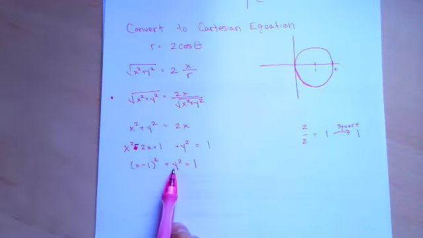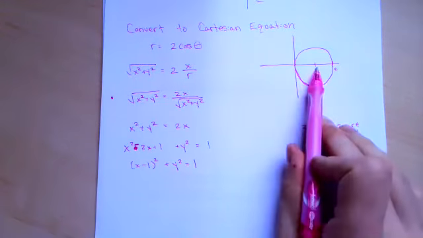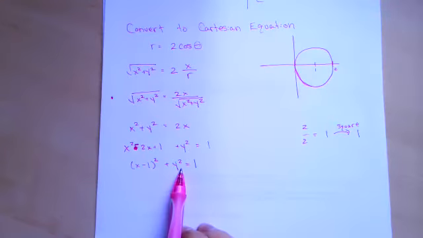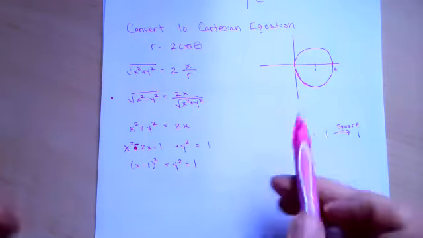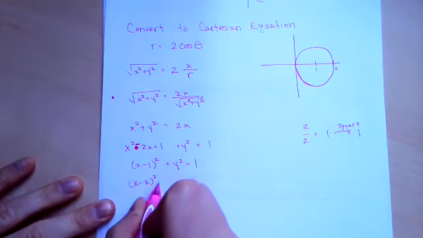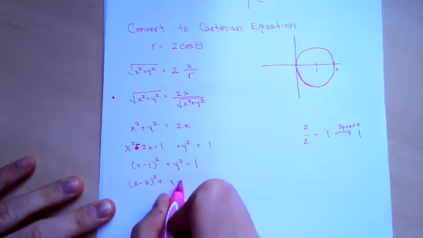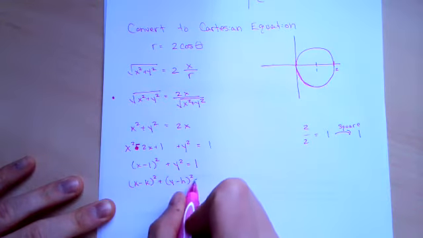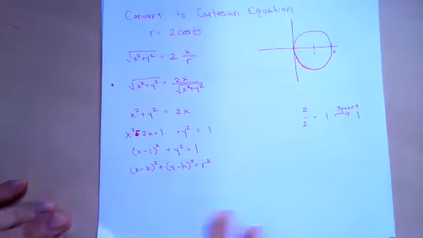We see where the center of the circle is. It's going to be at 1, 0. And of course, the radius of the circle is 1. This is our typical x minus h, y minus k, equals r squared, our standard format for circles.